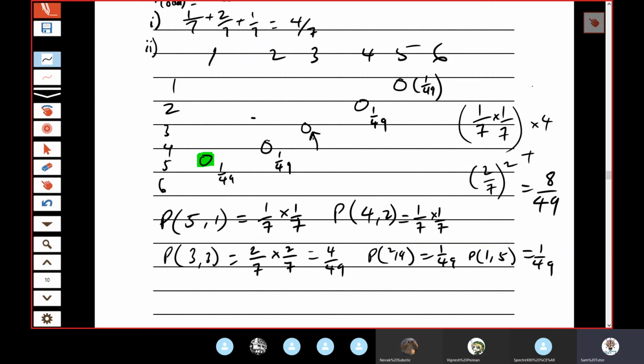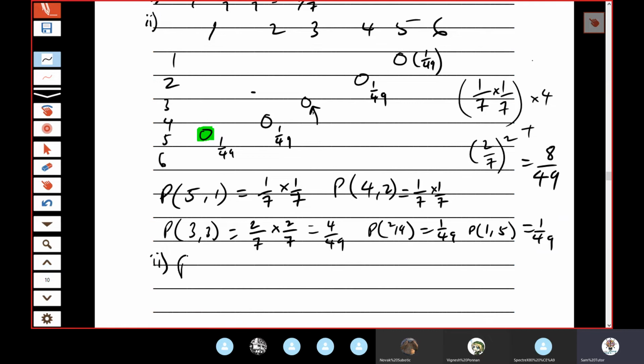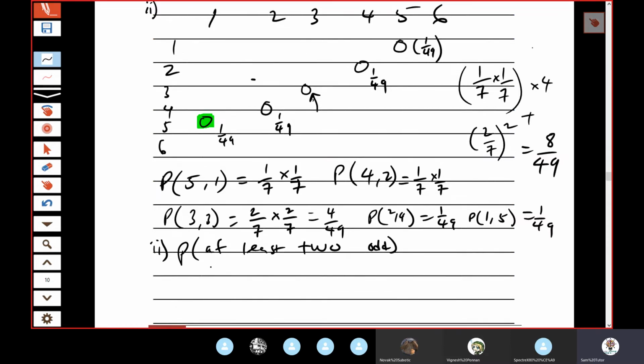How would I do it? Let me think about it. Probability of at least two odd. At least two odd would be 1 minus the probability of 0 odd and 1 odd.